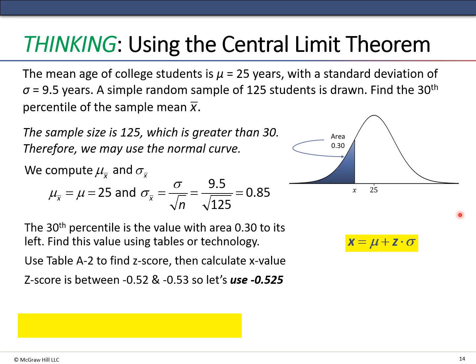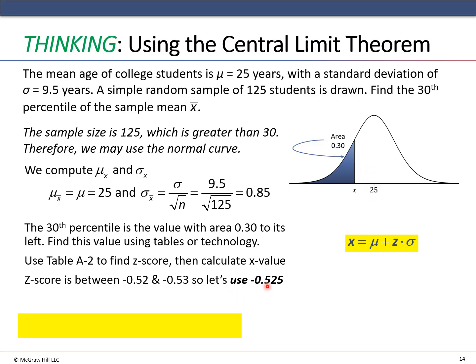For the score 0.30, now you're looking inside the table at all the data, and then you're trying to figure out the z-score from the first column and the row along the top. Okay, so the z-score for 0.30 is between negative 0.52 and negative 0.53, which we would expect because it's below the mean.